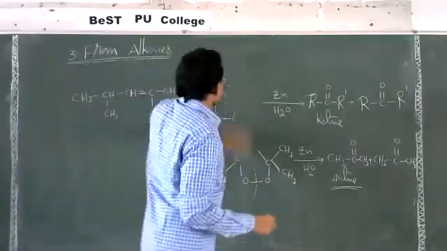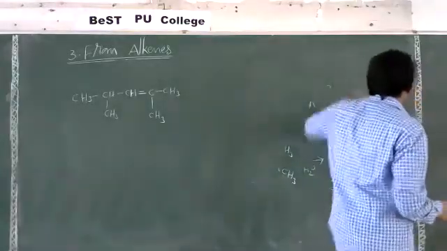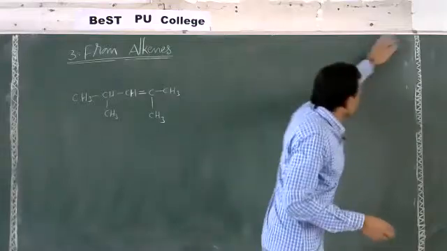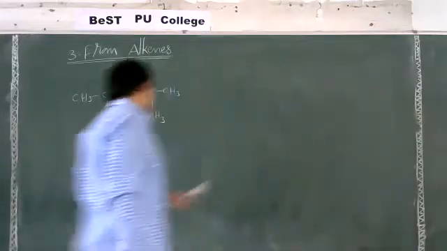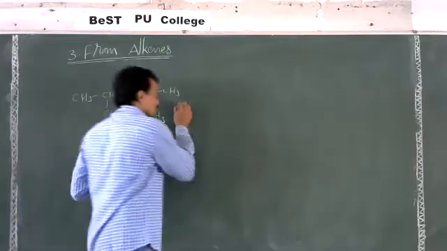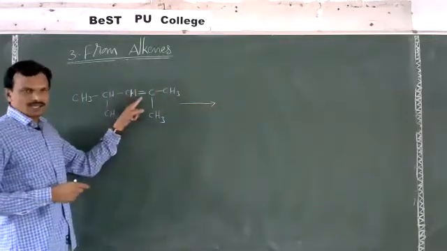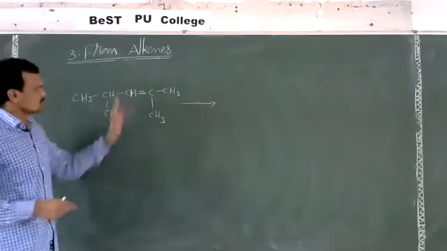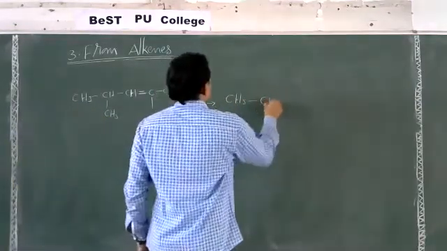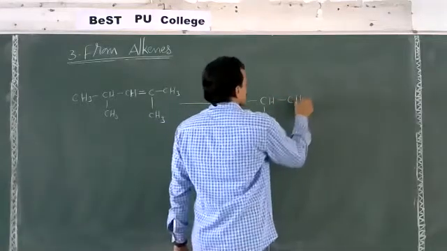Right, let us see. This is an alkene, and this alkene on ozonolysis can give which products? In any case, if you want to find out the ozonolysis products, just do one thing. Wherever the double bond is there, remove the double bond between the 2 carbon atoms first. See here, CH3, CH, CH3, CH is there.